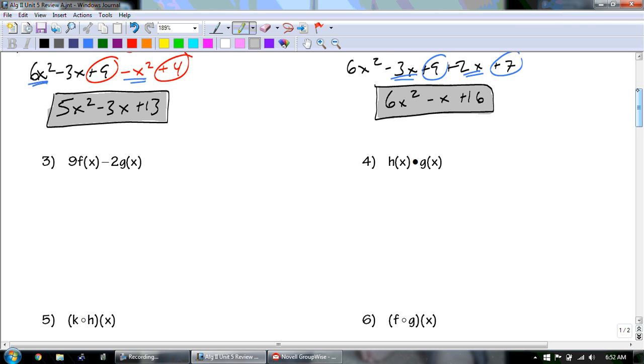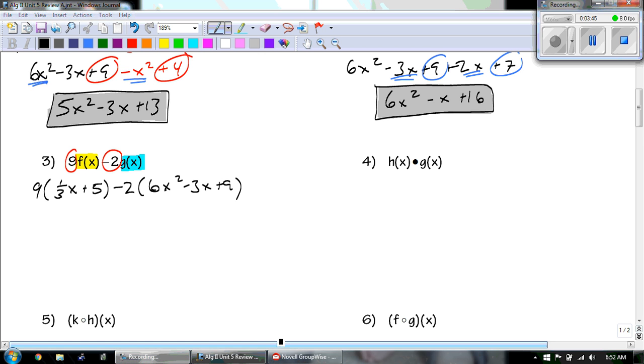All right, number 3. We have f of x, we have g of x, but both of them have a number out in front of them. Okay, so for the first one, we have 9 times 1/3 x plus 5, and then minus 2 times the 6x squared minus 3x plus 9.